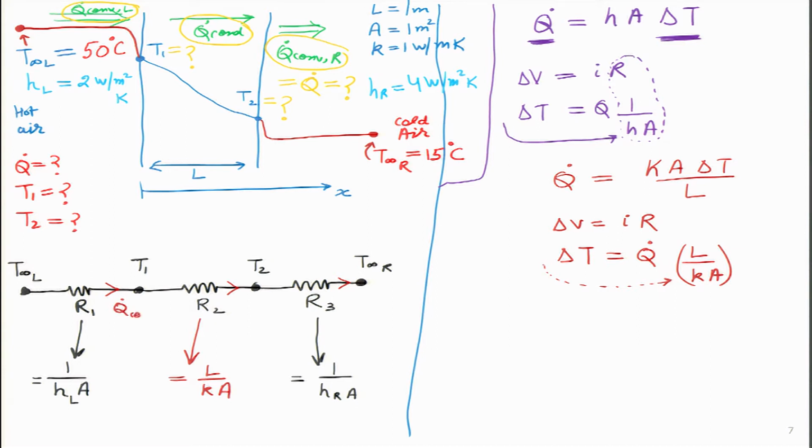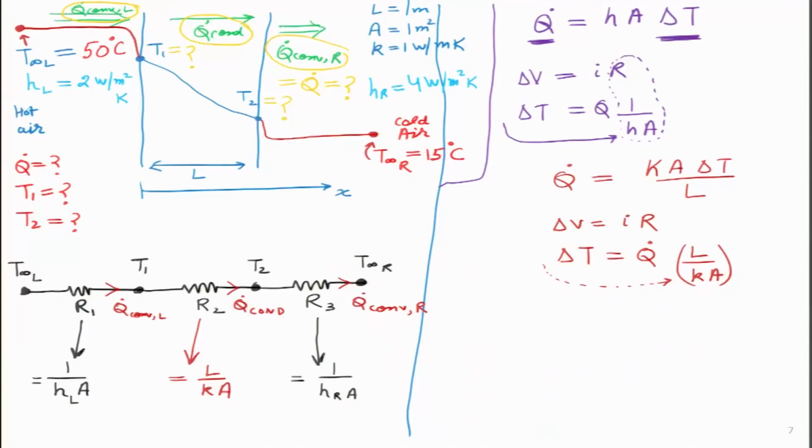So, this is Q dot convection on the left side, this is Q dot conduction, and over here it is Q dot convection on the right side. And the interesting thing I think everyone can immediately see is all these three Q's have to be equal. That is the interesting part.